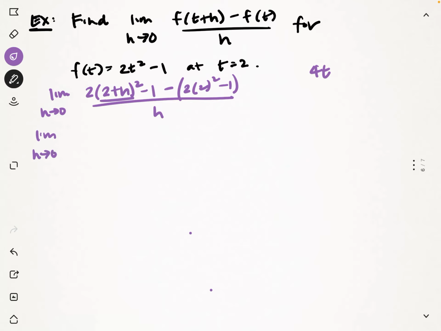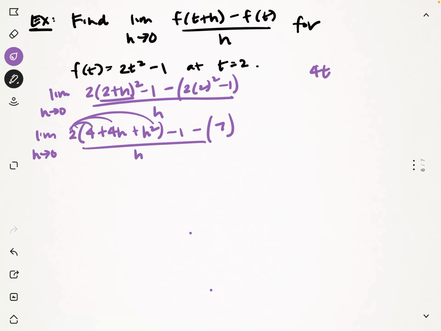So that's going to be 2 times 4 plus 4h plus h squared, minus 1, minus 2 times 2 squared, which is 4 times 2 is 8, minus 1 is 7, over h. We might as well distribute this. So we have 8 plus 8h plus 2h squared minus 1 minus 7. 8 minus 1 is 7, minus 7 is 0. So all these constants are gone.